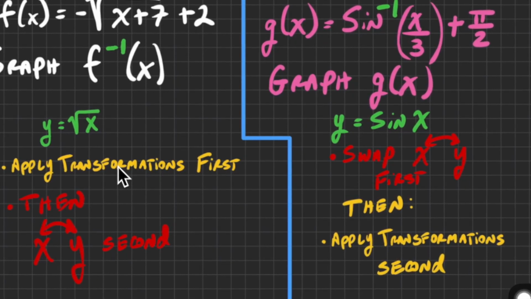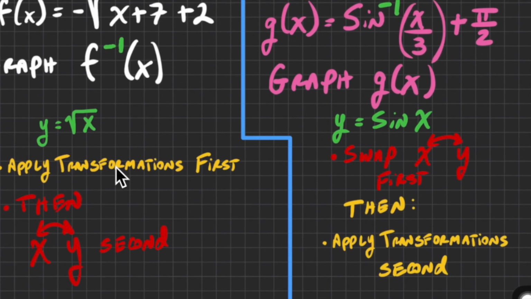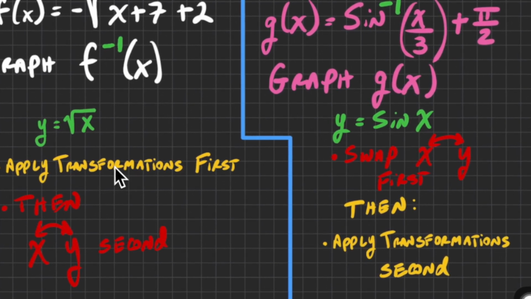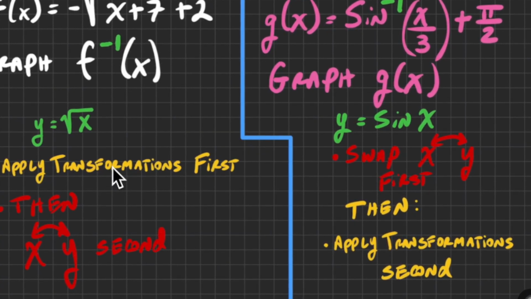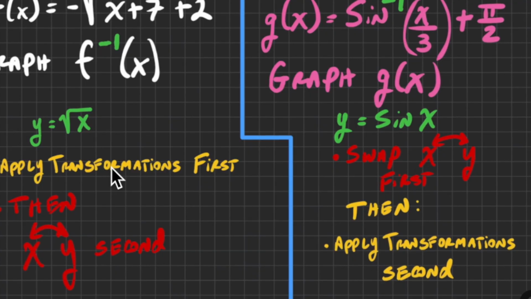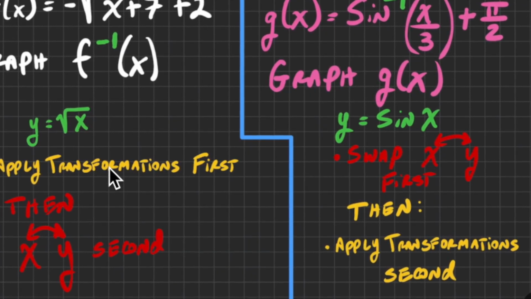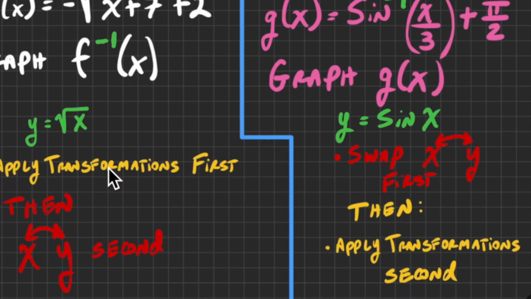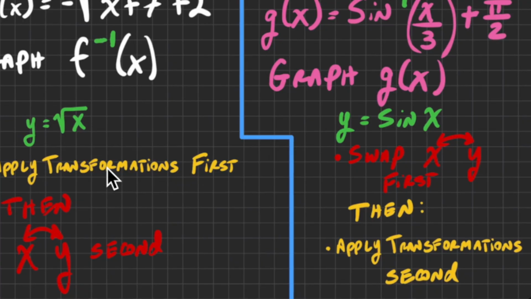Therefore, we have to create the inverse function first before we apply the transformations. Again, on the left, transform the function first, then get the inverse. On the right, we have an inverse function that's been transformed. So we have to create the inverse function first and then apply the transformations.